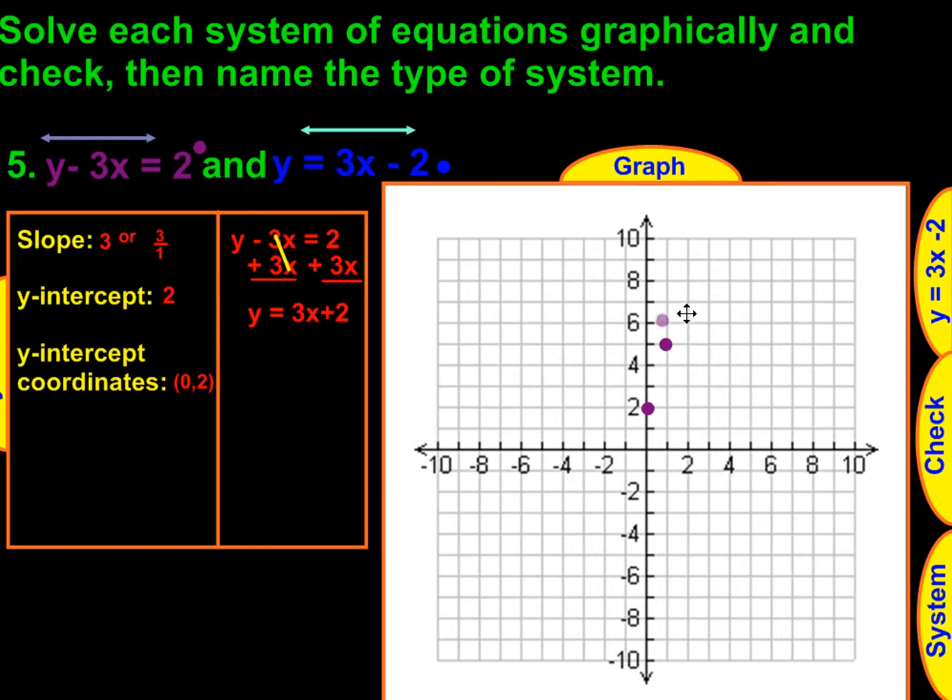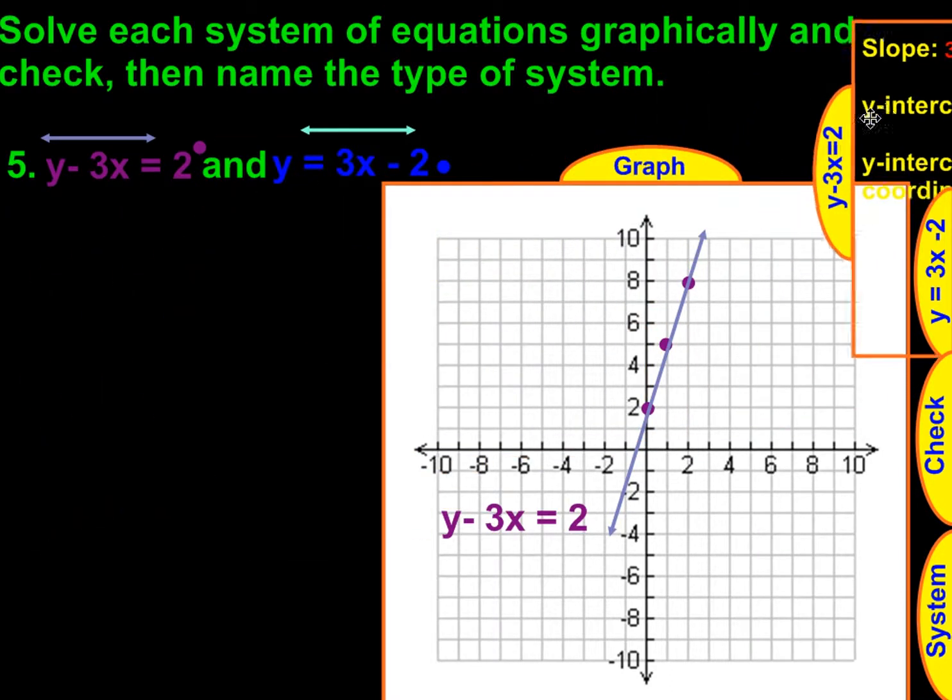And from there we can put a line on those points, line them up. Okay. And we need to put a name on that line, and that is y minus 3x equals 2. Okay. We're finished with this equation.